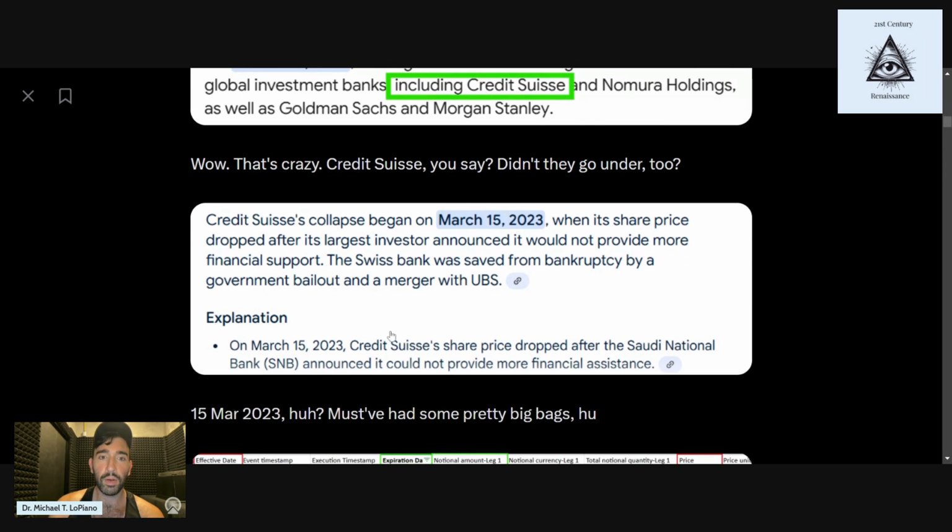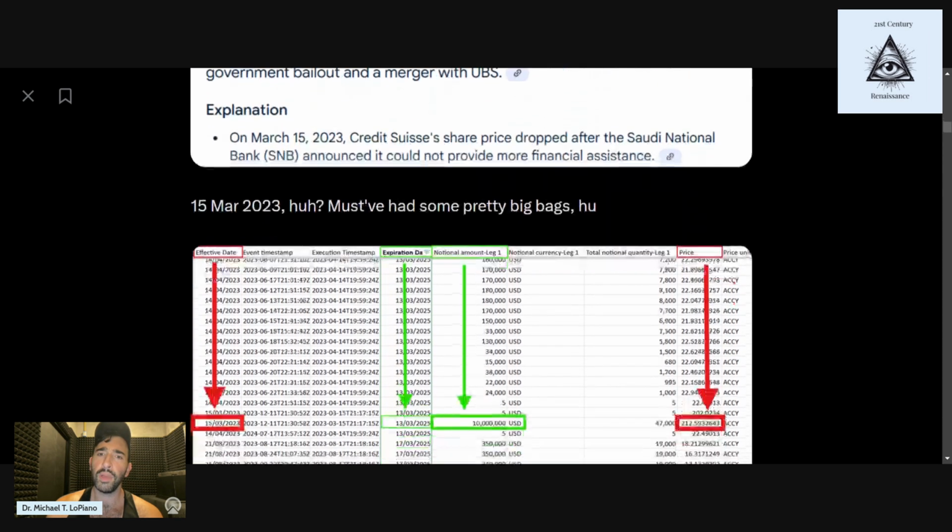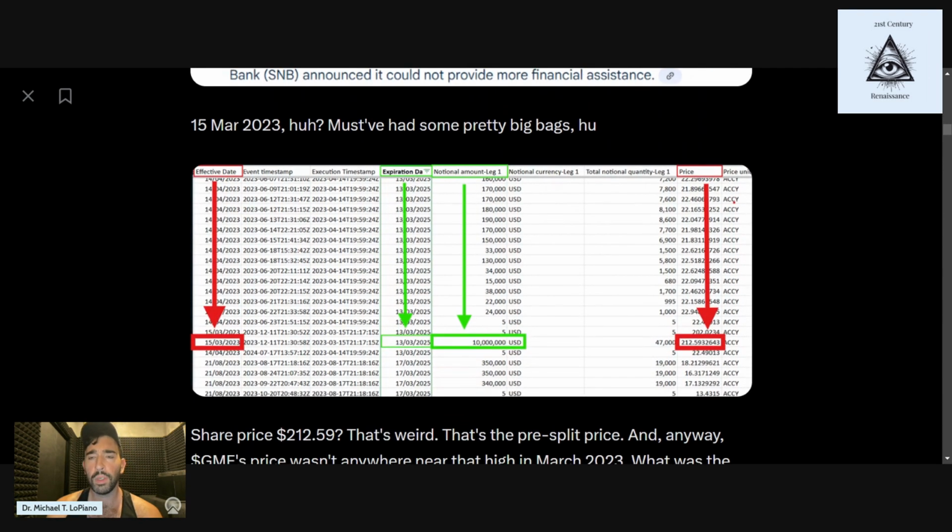And curiously, March 15th, 2023, if we go and take a look at GME's swap data, what do we happen to find? We happen to find a trade, a swap, entered in on the 15th of March, an effective date of the 15th of March, which expires on the 13th of March of this year.